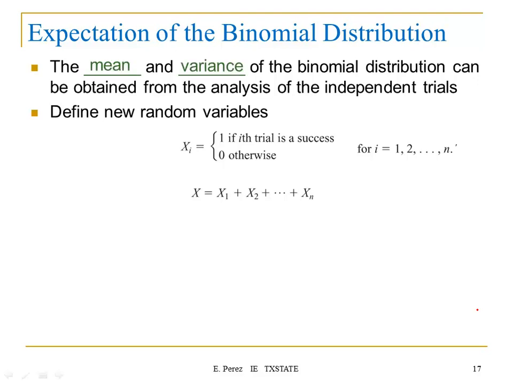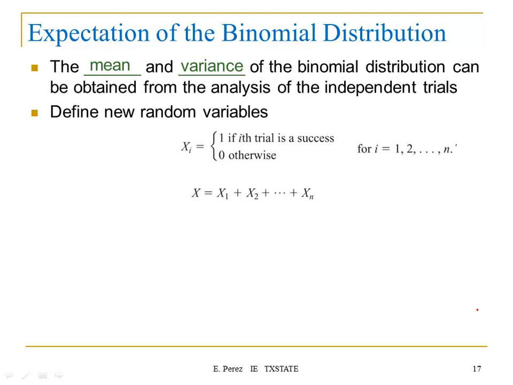So the mean and the variance of the binomial distribution can be obtained from the analysis of the independent trials. So we can define a new random variable again using x, where 1 is the trial is a success, 0 otherwise. And if we look at the summation of those random variables, that will give you the expectation and the variance for the random variable in general.